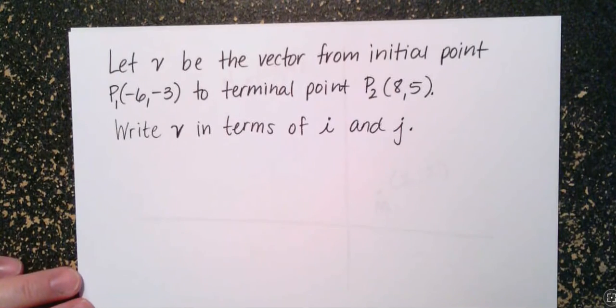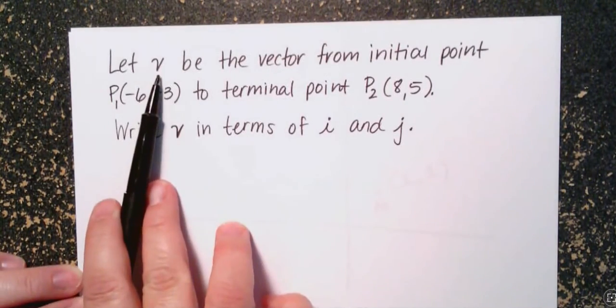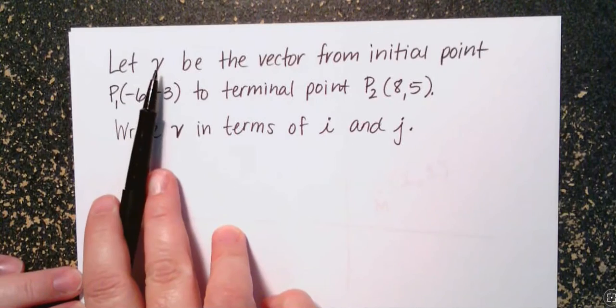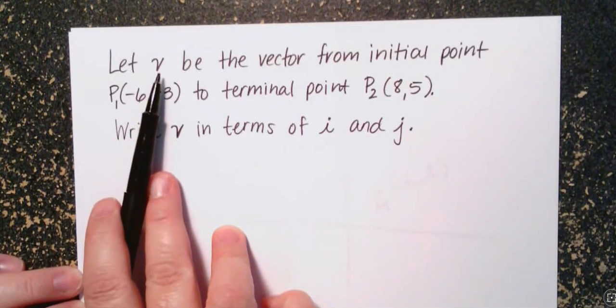Now this says let v be the vector from initial point P1, which is at (-6, -3), to terminal point P2, which is at (8, 5). Write v in terms of i and j. A couple things I want to point out to you. Vectors are very often named by letters u or v or w.